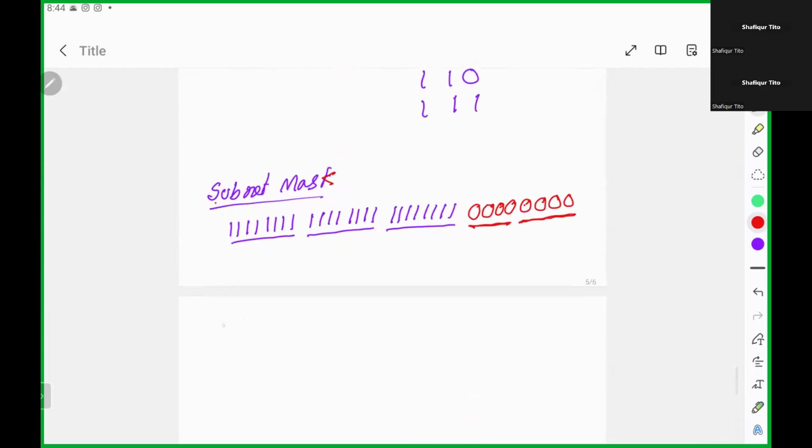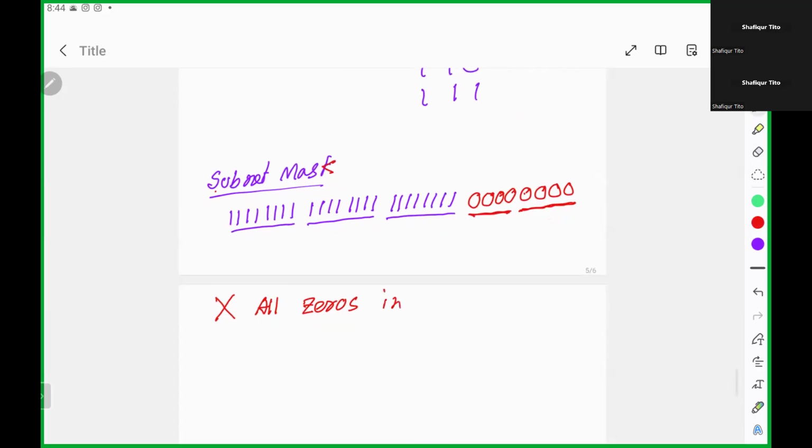So we cannot use all zeros in the host bits.